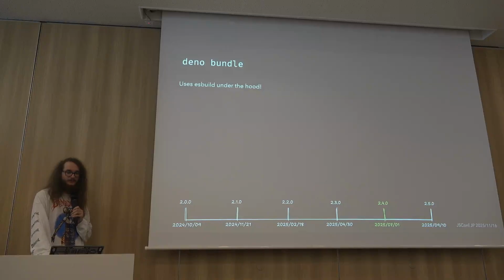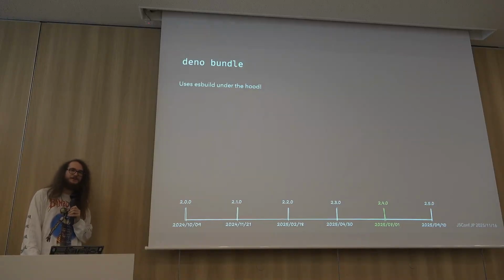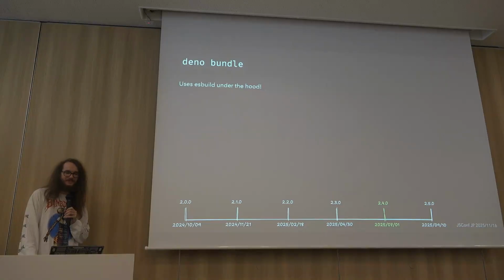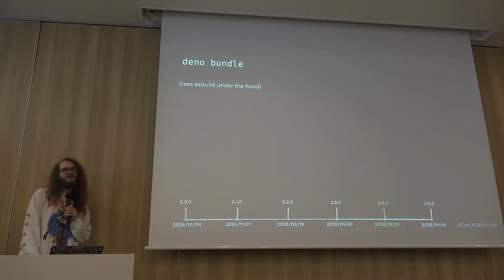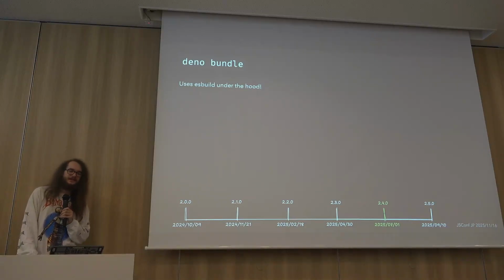Then for Deno 2.4, I think this was pretty monumental: the Deno bundle. I've said many times now there was some really requested feature, but this is probably the most requested feature in Deno since probably Deno 1. We always had Deno bundle, but we removed it for a while because people were confused about what Deno bundle is.